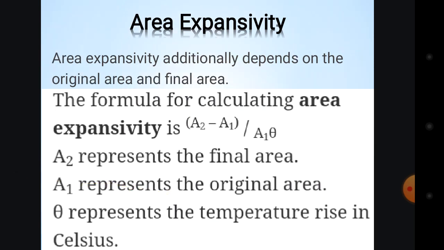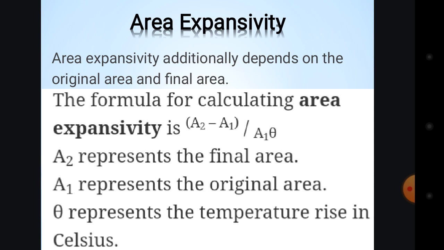So the second one is the area expansivity. Area expansivity depends on the original area and final area. So you see this one is talking about the original and the final area, because it is the area, it is not depending on the original or the final length.